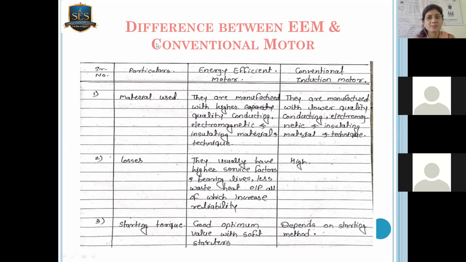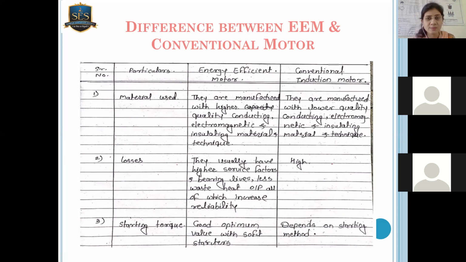That is the difference between the energy efficient motor and conventional motor. So we discuss what is the difference between the energy efficient motor and conventional motor. The first point is material use. Material use is obviously of high quality in the energy efficient motor.